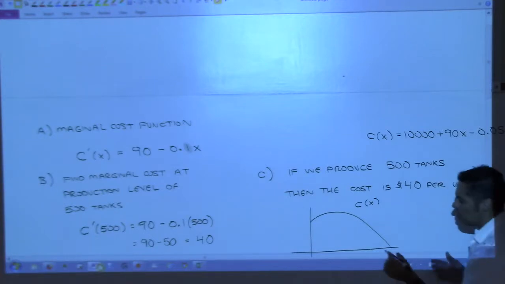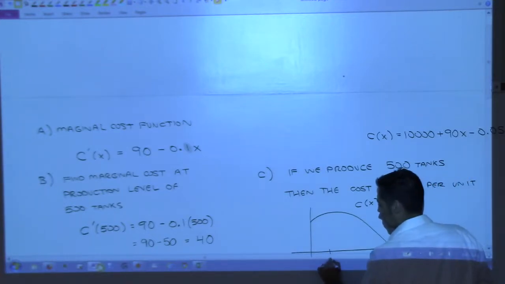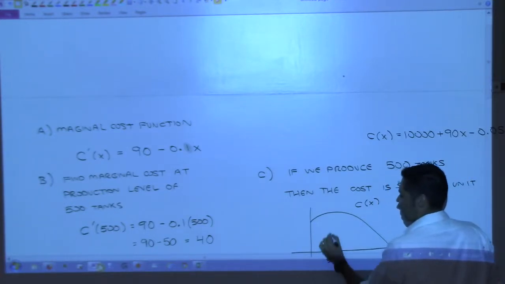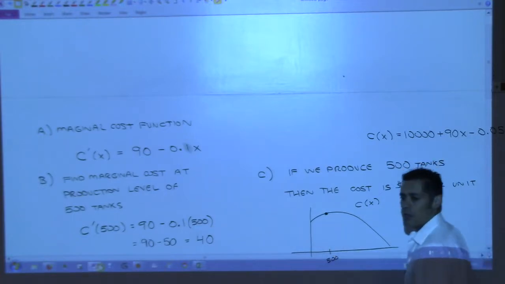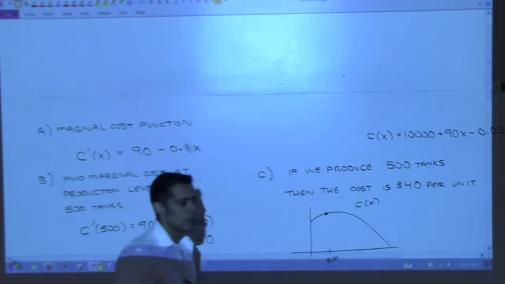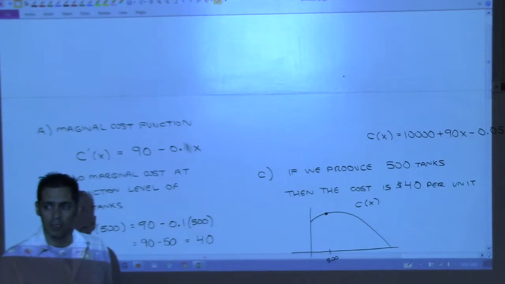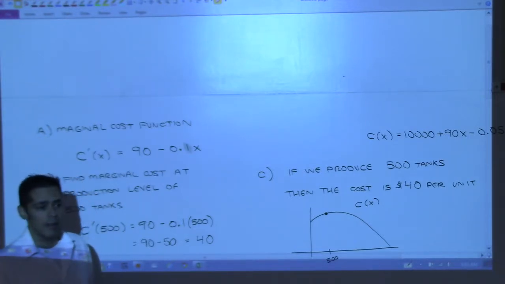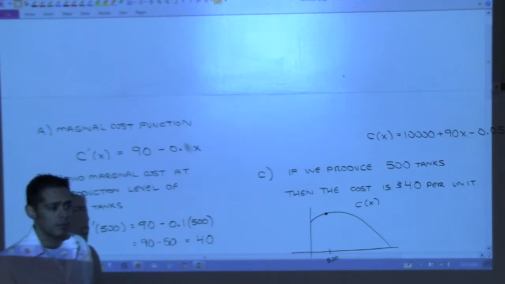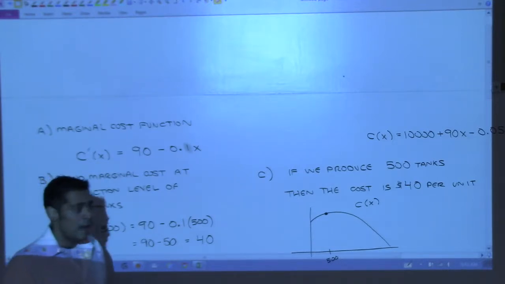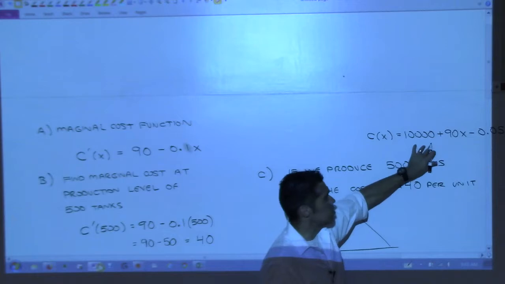At 500 units, I'm getting a particular cost, aren't I? How could I figure out what the cost is of making 500 units? Plug 500 into this, right? And that would give me the cost.